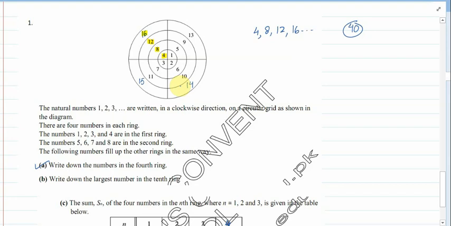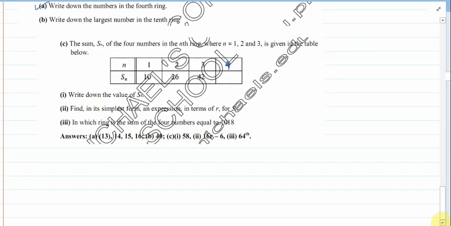If you add them, 13 plus 14 plus 15 plus 16, it's 58. So the numbers in the fourth ring add up to 58.